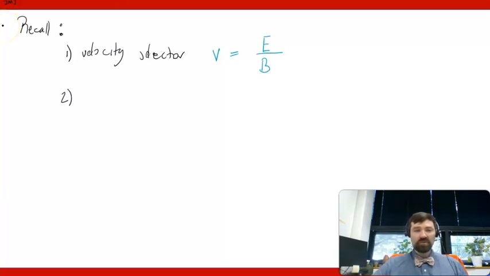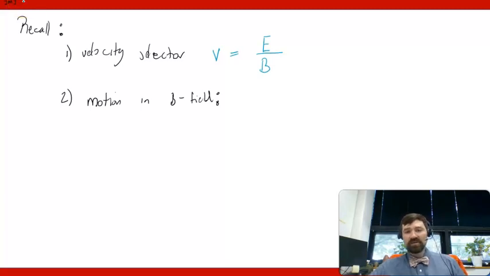Number two was motion of a charged and massive particle in a magnetic field. For that one, we tended to have circular motion or helical motion, and the radius that these particles would undergo was basically the momentum, m times v, divided by the charge times the magnetic field.